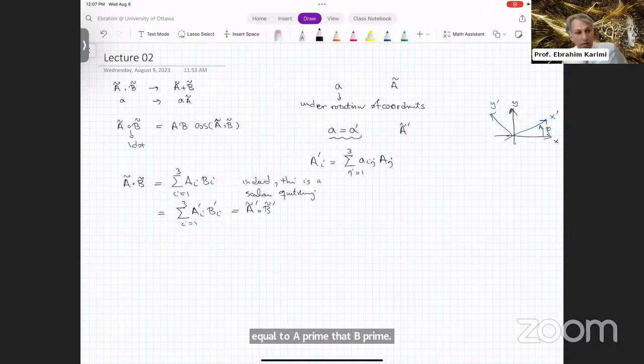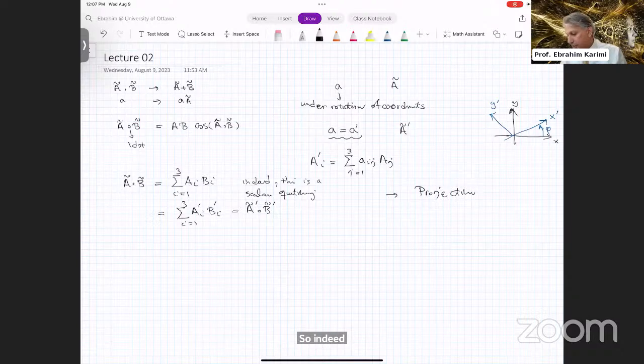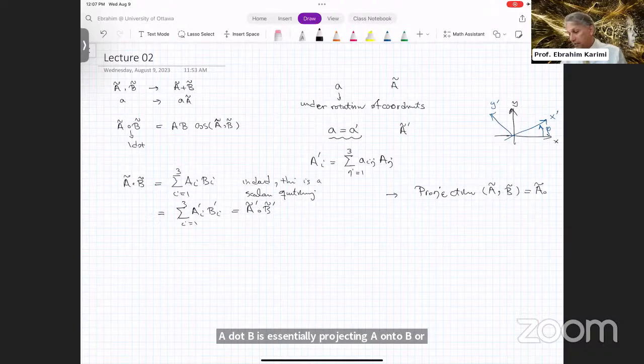The concept was projection: A dot B is projecting A onto B or vice versa, because the product is commutative and equal to B dot A.